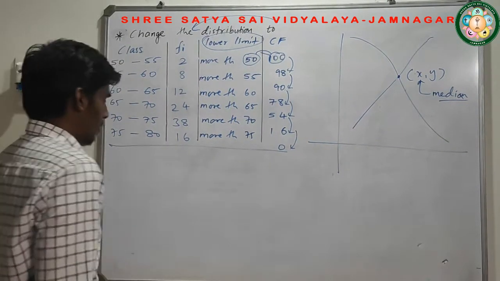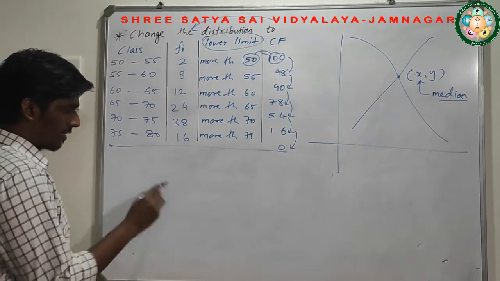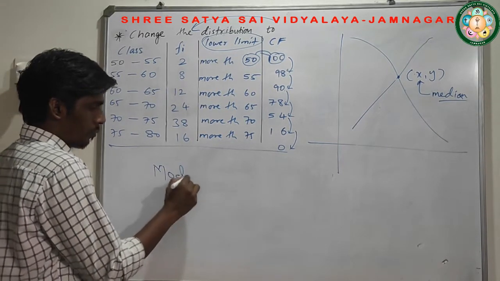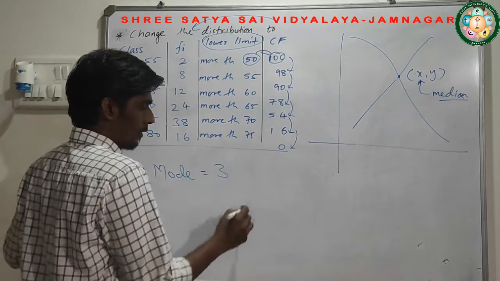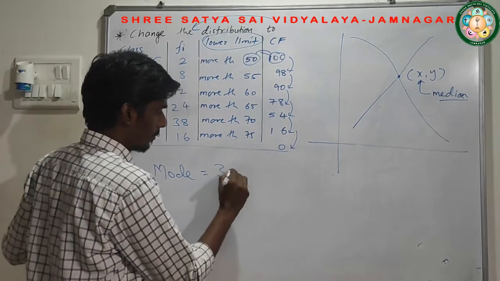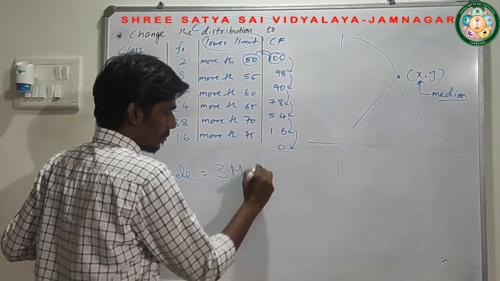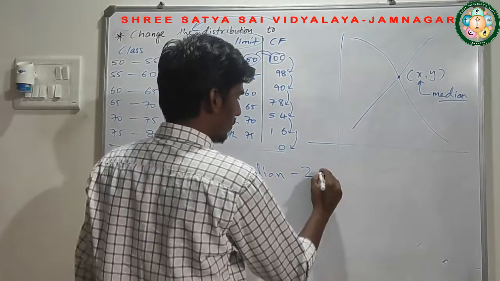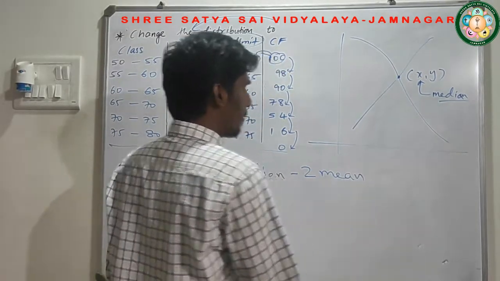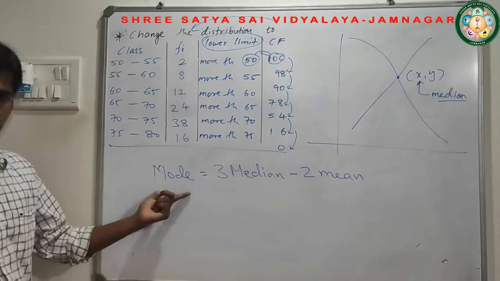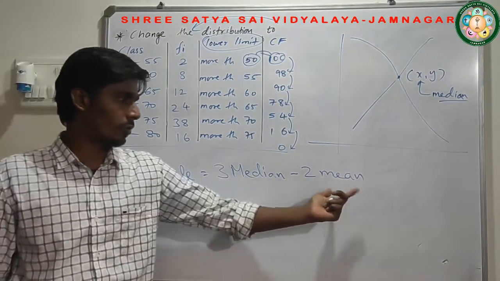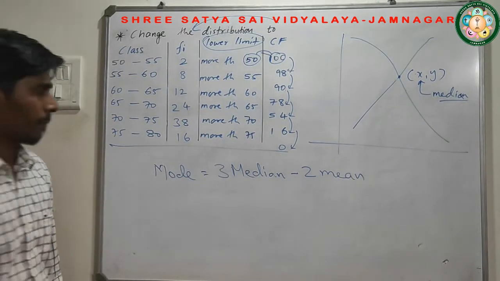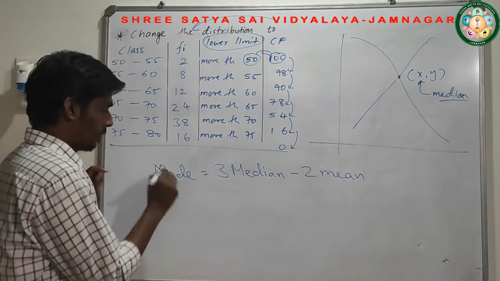And you have to understand one more relation: mode is equal to 3 times median minus 2 times mean. This is very useful for objective questions.